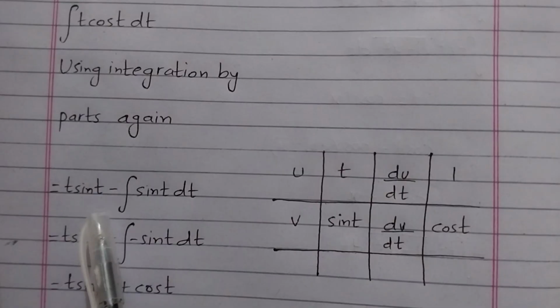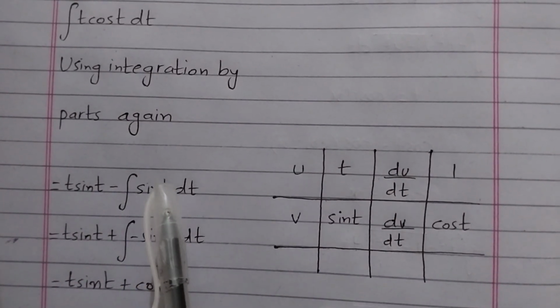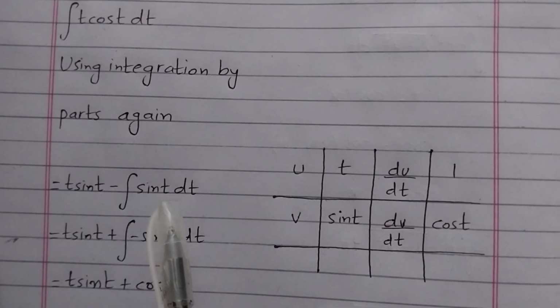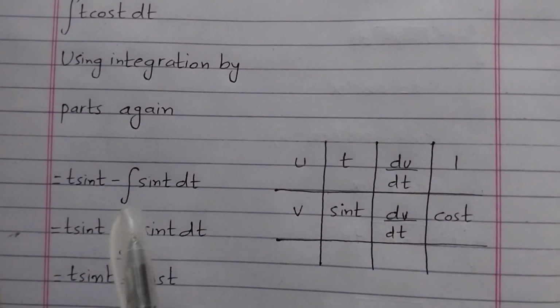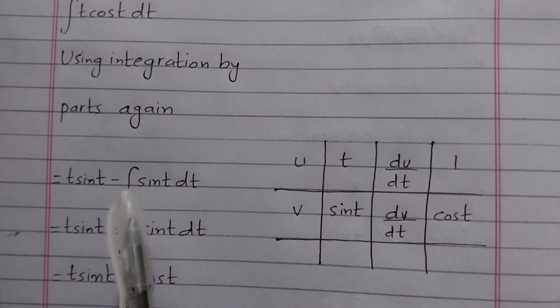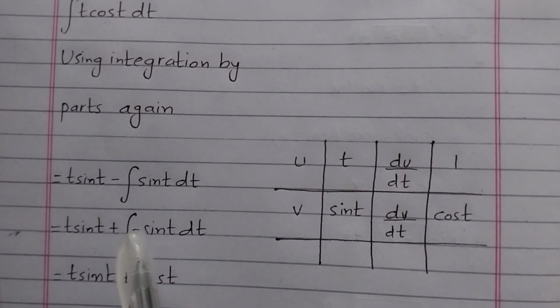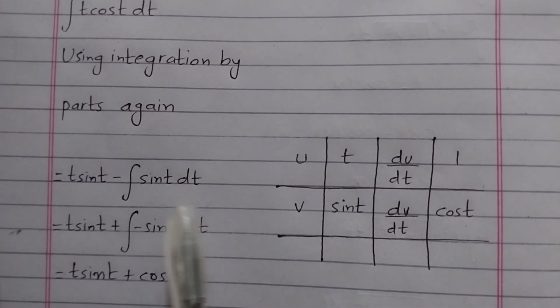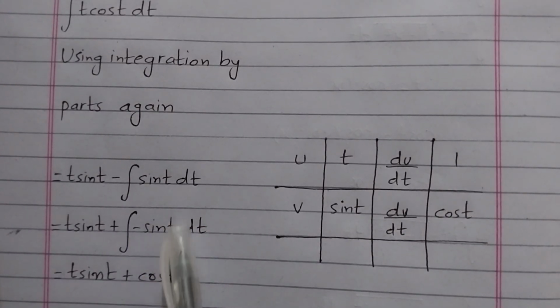So applying integration by parts, uv, which is t sine t, minus the integral of v du, so v is sine t and du is dt. So integral of sine t dt. I'm writing this minus as plus into the integral of minus sine t, because minus sine t is a known integral and it is simply the derivative of cos t.